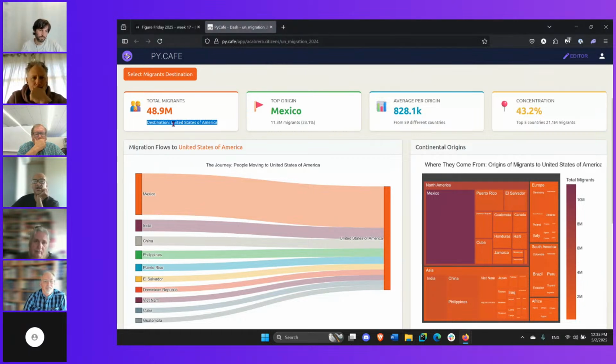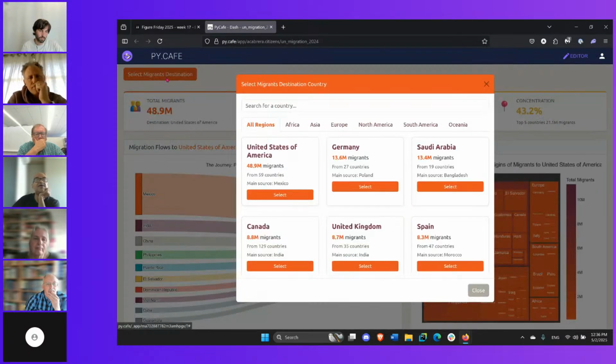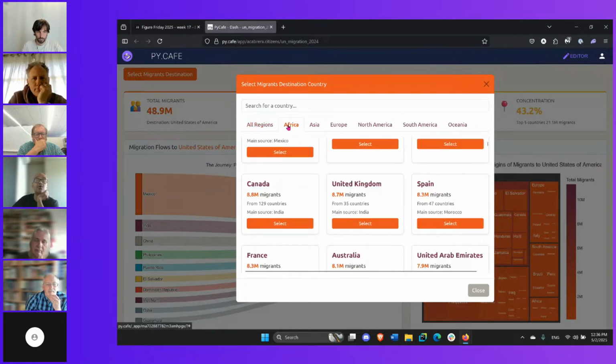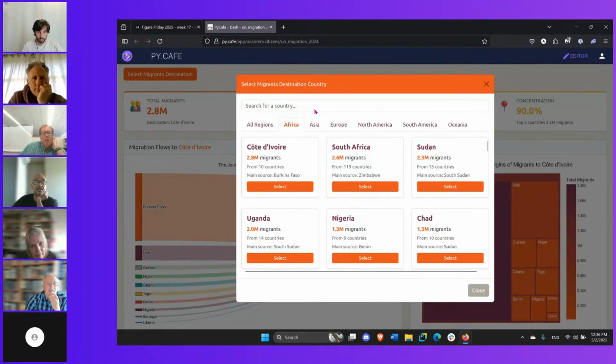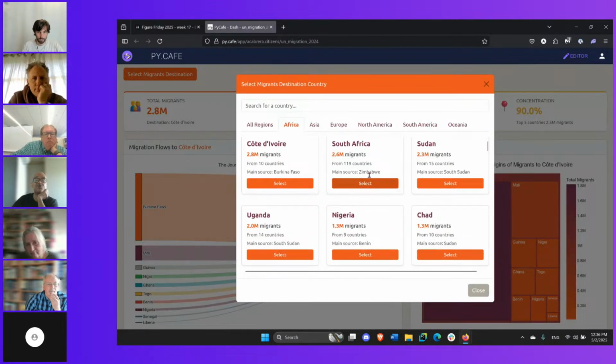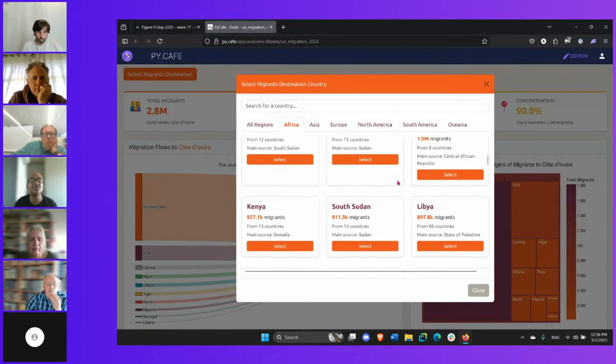Here we have a model with different ways to select the country, by continent, and specific information about the countries, the origin the people go.